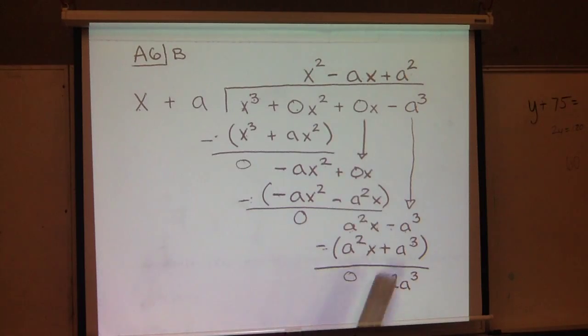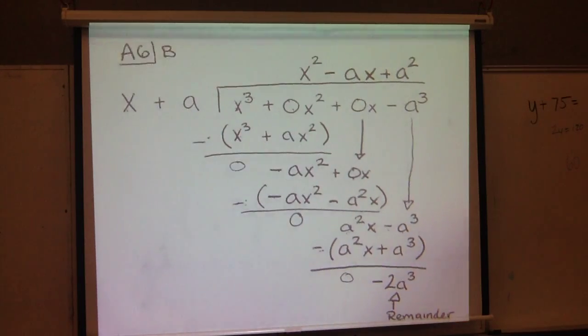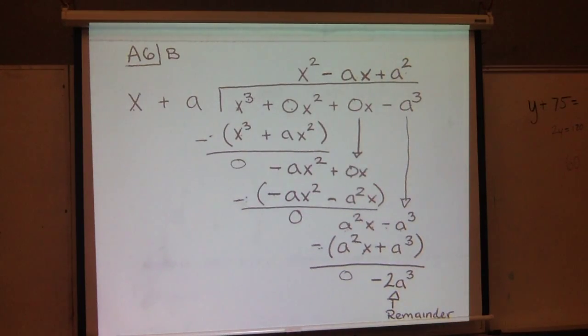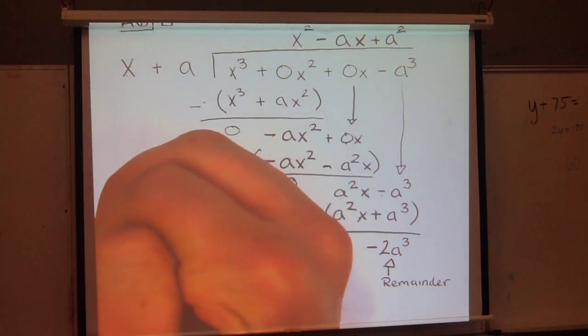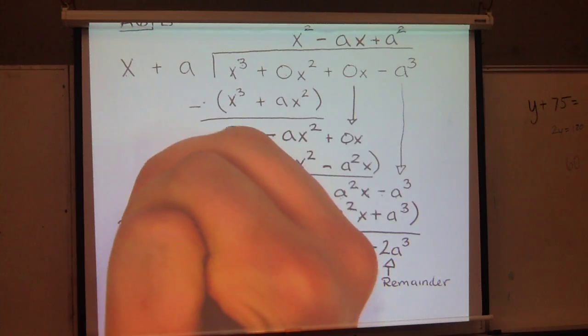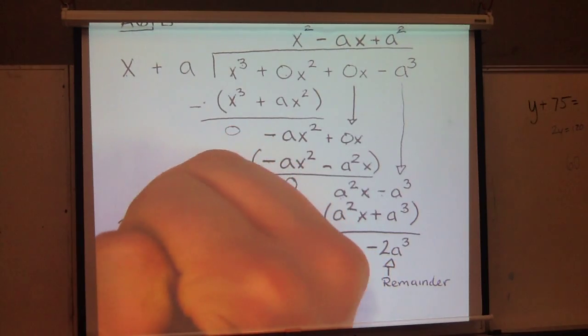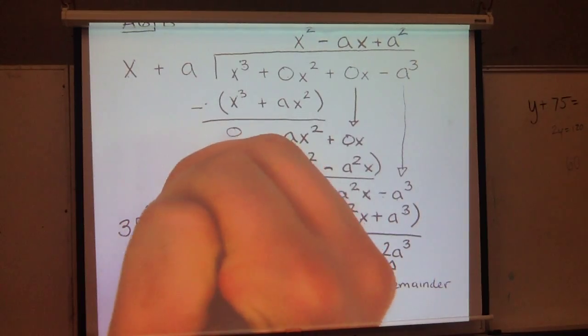And so this is the first time we're seeing a problem where when we do the division, we get a remainder. That is our remainder. Just like if we were to divide 3 into 8, we get 2 remainder 2.